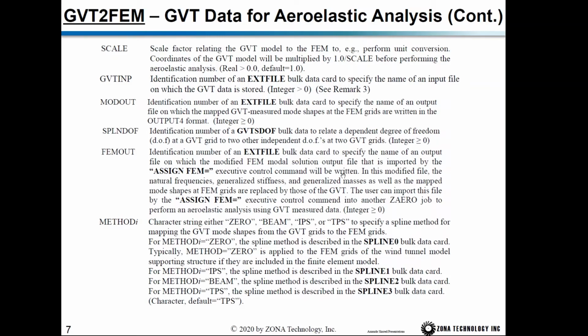So if you import the NASTRAN output file, then in this file you will rewrite the natural output file, except the natural frequencies, the general stiffness and masses, as well as the mode shapes at the FEM grids are replaced by those of the GVT. So the user can import this file using the ASSIGN FEM executive control command into another ZAERO job to perform aeroelastic analysis using GVT measured data.